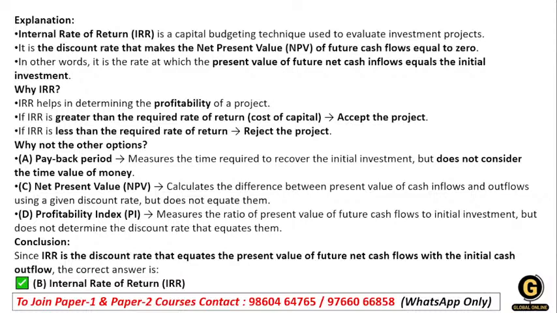The discount rate that makes the net present value of the future cash flow equal to 0 is your internal rate of return. In other words, it is the rate at which the present value of future net cash inflow equals the initial investment.